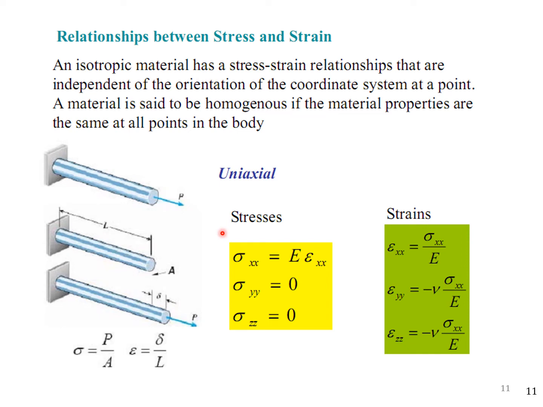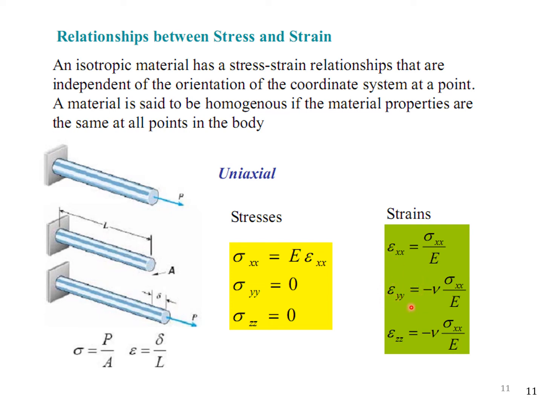So by application of uniaxial stress, we will have a strain in all three directions. As we have seen in the last slide, the strain in this direction and in this direction are related using an equation. They are linked by Poisson's ratio. If we know the strain in the x direction, we can calculate the strain in the y direction using Poisson's ratio.